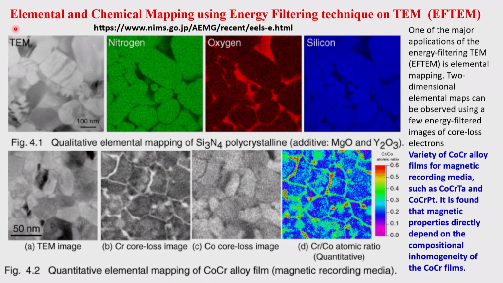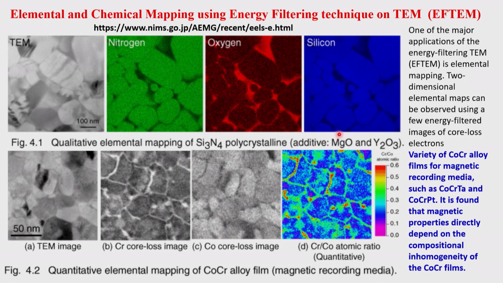If you put the elemental mapping, you see how the nitrogen is distributed throughout, and the oxygen is distributed somewhat differently from the nitrogen. Then you have the silicon distribution, which is the major component. You would see that this oxygen is coming from these additives, so you have a certain level where the oxygen impurities have got doped.